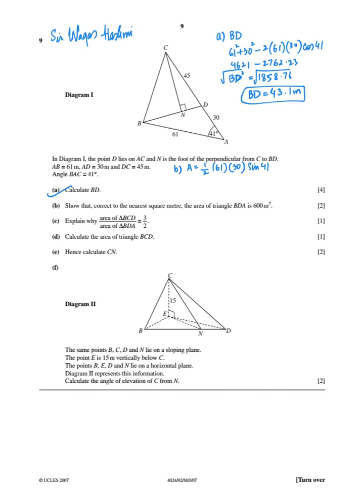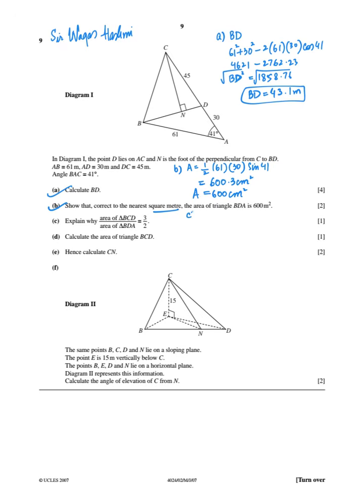Sine 41 times 30 times 61 divided by 2, it is 600.3, right? Correct to the nearest square meter, so that is why it will be 600 square meters. That is your area, and we need to show that.